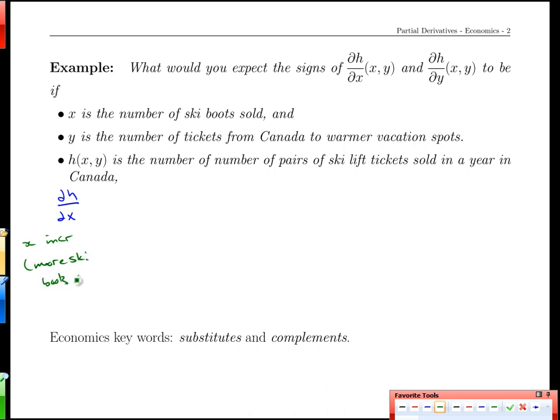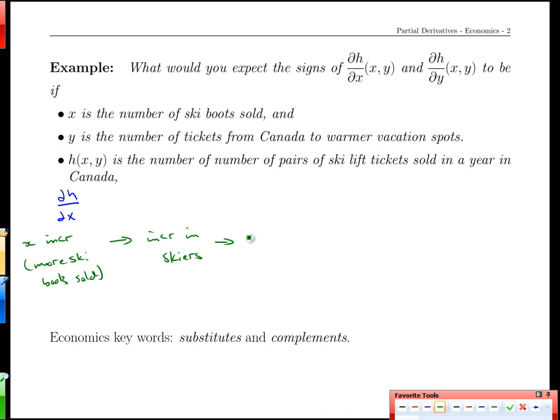If more ski boots are sold, this is a much less direct economic connection, but under most assumptions, and again there'll be some assumptions built into this analysis, if we're selling more ski boots, that means there's probably more people skiing, and we expect that the ticket sales will increase as well. So an increase in skiers, and no one spends that kind of money on ski boots just to have them sit in the closet.